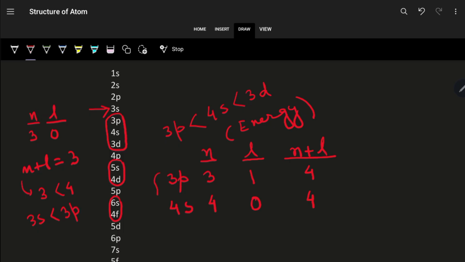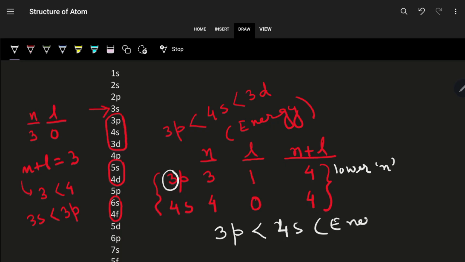But 3p and 4s have the same value of n+l. For such a case, the orbital with a lower value of n will be filled up first. It has lower n value, and so it will be filled up first, and so the energy of 3p is less than that of 4s as per the n+l rule.